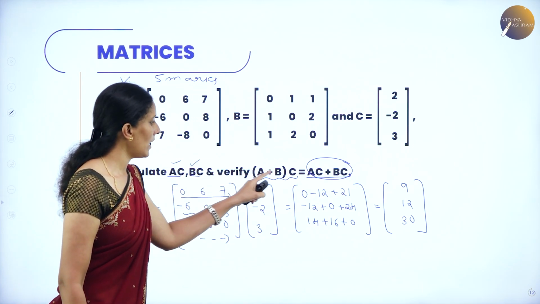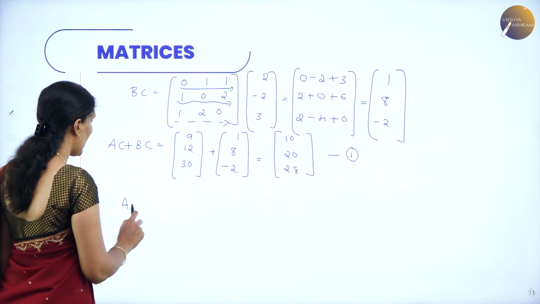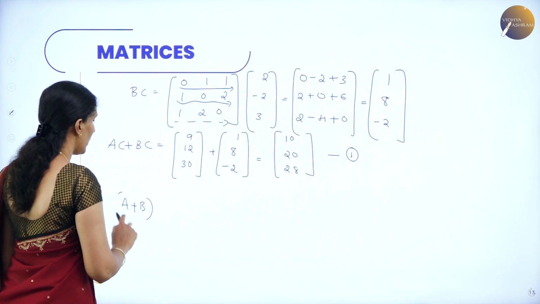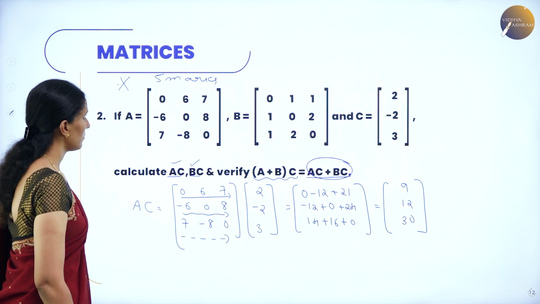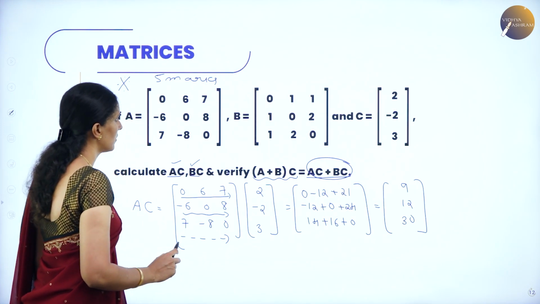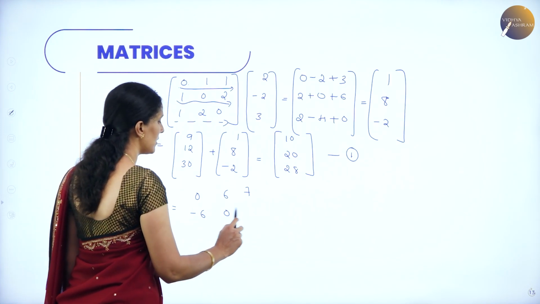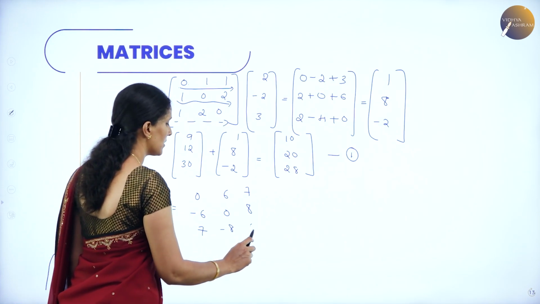Now let's see what is (A plus B) into C. First find out A plus B. So let's write A: 0, 6, 7, minus 6, 0, 8, 7, minus 8, 0.